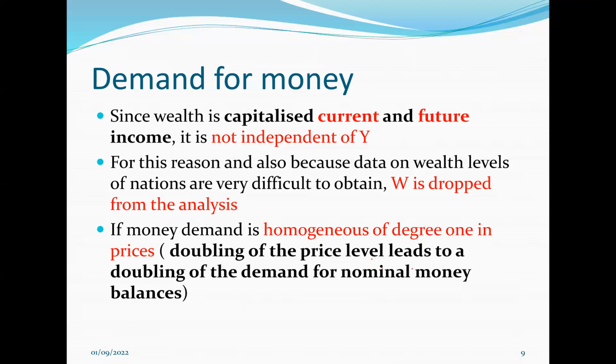Now, get this one. Remember when we were talking about regression analysis in econometrics, we said that the independent variables, the influencing variables, should not be related. Do you remember that point? There should be no correlation. So now observe that income and wealth, there is no clear separation between them.